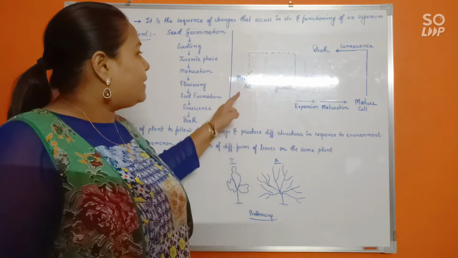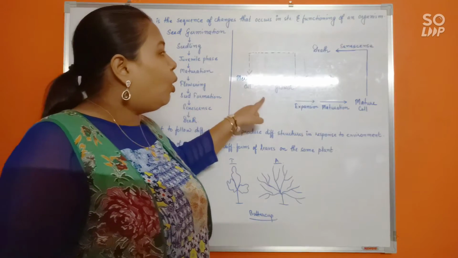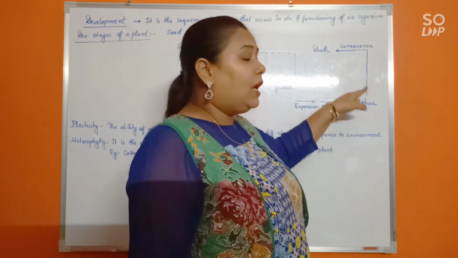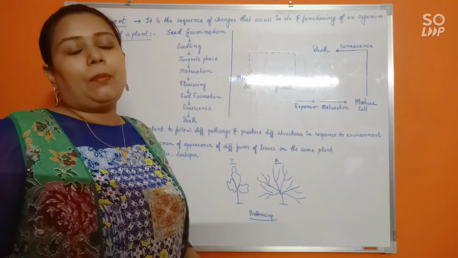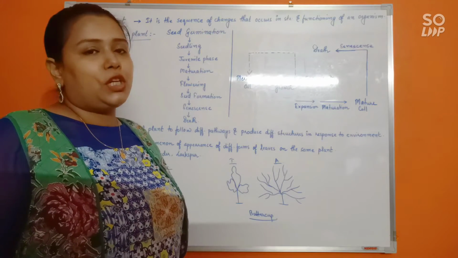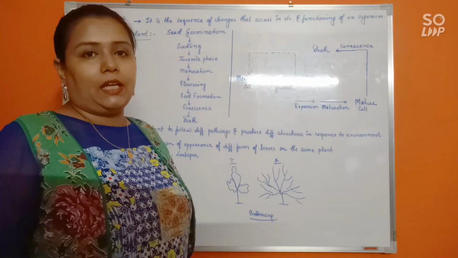So in that case, the same meristematic cell is either continuously dividing or else it is becoming a mature cell, meeting senescence and finally death. So that means in the developmental pathway, there can be a lot of flexibility. Developmental pathways are not always straight in nature, right?